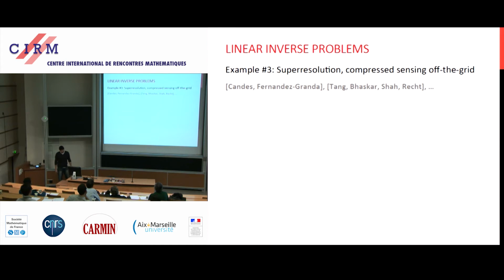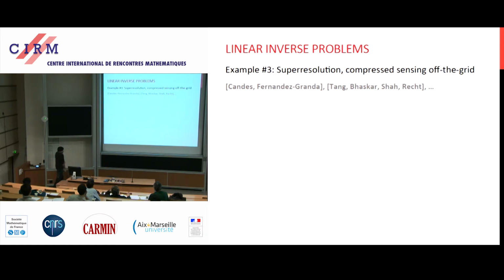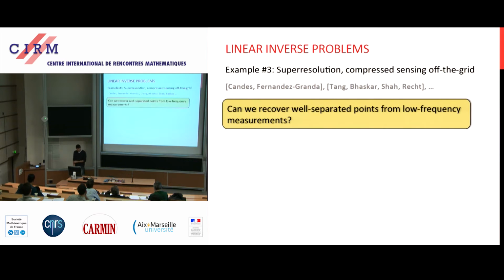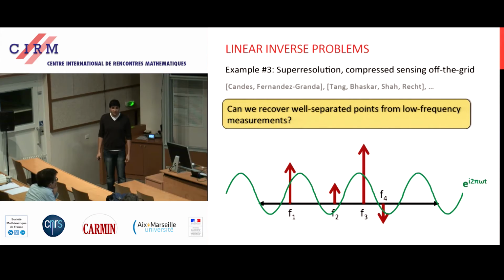There's one more that I can tell you about, which I'm going to tell you at a similarly high level before I tell you about some other things. There's also this problem called super resolution that's actually related to compressed sensing, except for the fact that you don't have discrete locations. Here the idea is, imagine you have some set of points that you're measuring through some optical device. There certainly are not too many of them.